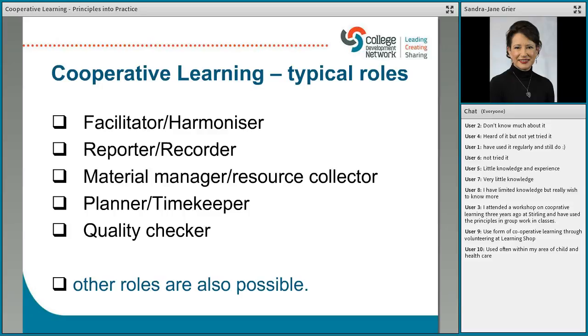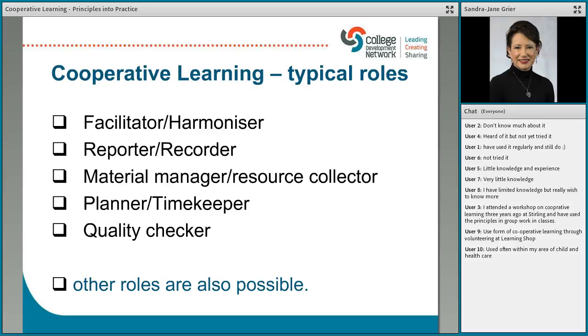So on this slide here, you will see that we've actually got 5 key typical roles that are used in cooperative learning. The facilitator or harmonizer, the reporter or recorder, a material manager or resource collector, somebody responsible for planning and/or timekeeping, and sometimes the other one that's included is a quality checker.